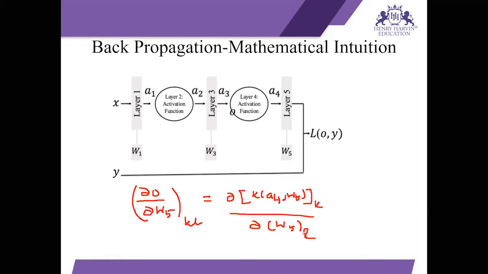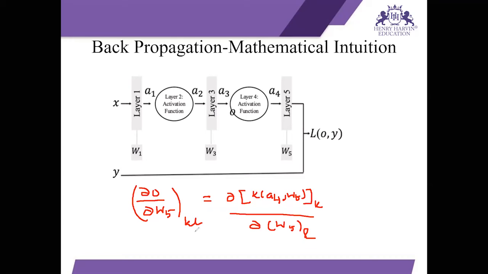KL is one of the elements of our Jacobian matrix. So we get a Jacobian matrix by taking the partial derivatives of O with respect to W, and now let us look at the KL element, meaning the Kth row and Lth column.